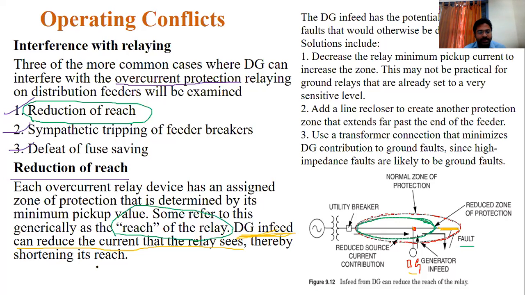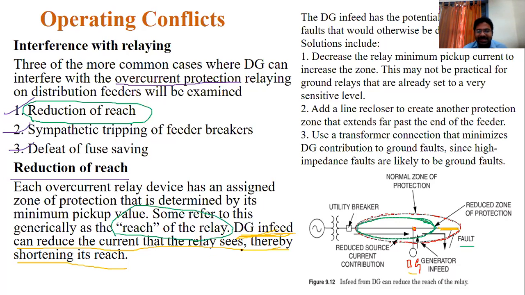Suppose our relay is designed to protect this red lines area, so that current is nearly some 100 amperes. You can assume it as 100 amperes.